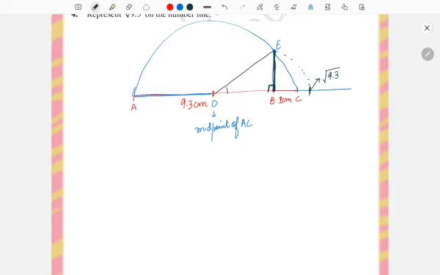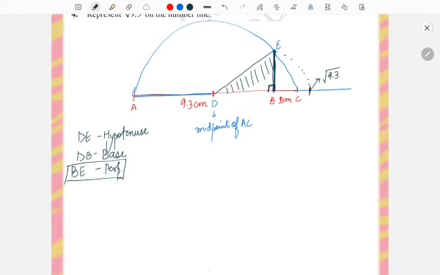This would be a right angle triangle where DE is the hypotenuse and DB is the base with perpendicular as BE, right? And we have taken the length of BE as radius and made an arc assuming that was under root of 9.3.